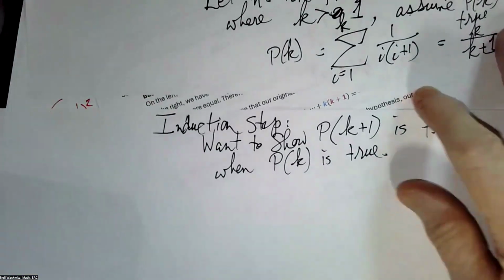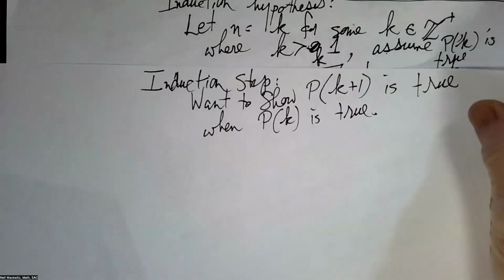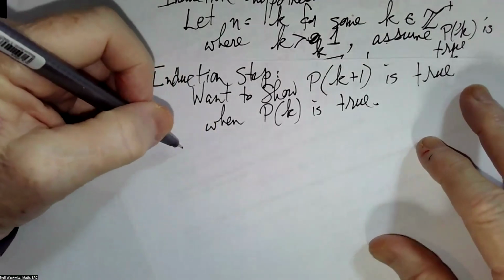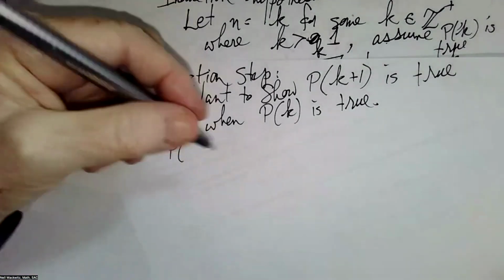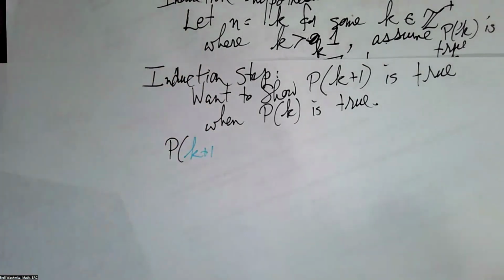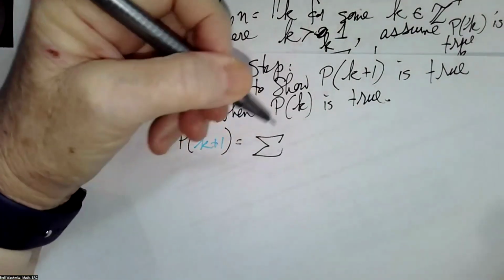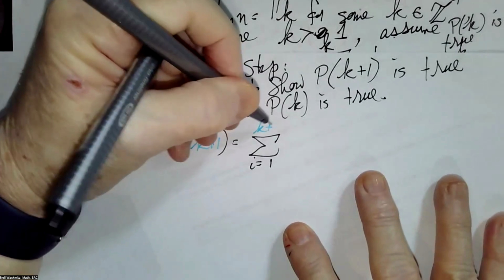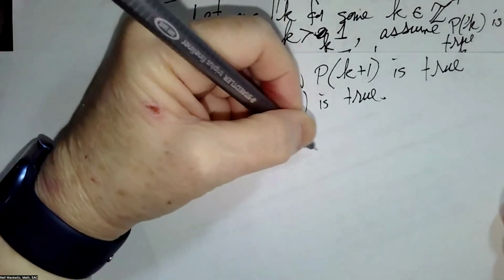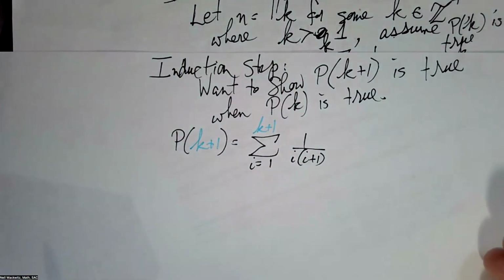All right, so we've got P of K written down. Let's write down P of K plus 1. It'll be the sum as I goes from 1 to K plus 1 of 1 over I times I plus 1, because it's the same rule that we had before.